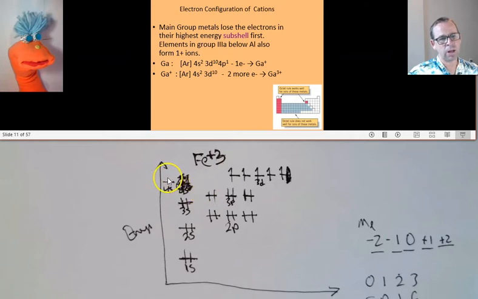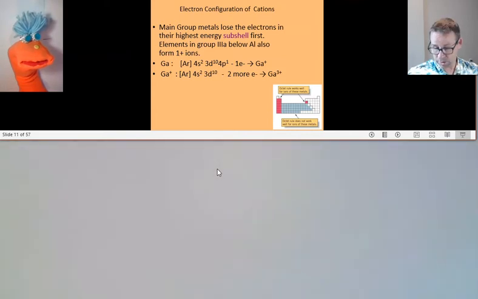So for gallium, after 3d10, we have 4p1. 4p1 would be slightly higher in energy than the 4s. And so the 4p's, which are higher in energy, will actually be lost before the 4s's.